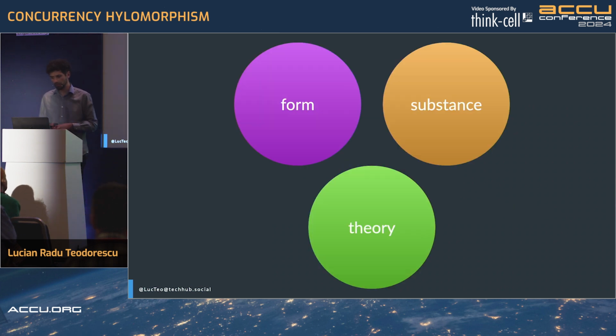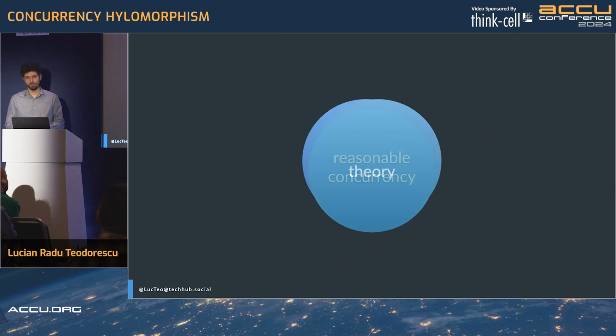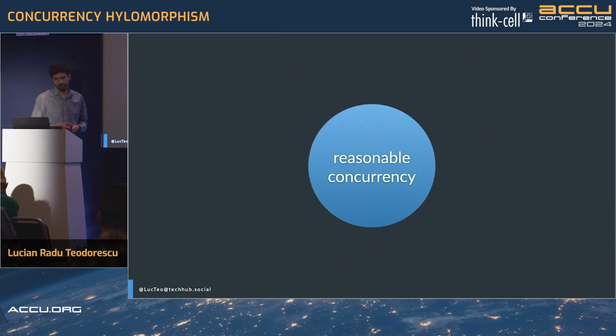So we looked at these three perspectives, and we try to put it into something that I would hope I convince you that it brings us reasonable concurrency. You can reason about the code. It's easy to understand, it doesn't surprise you, and you know what's happening.